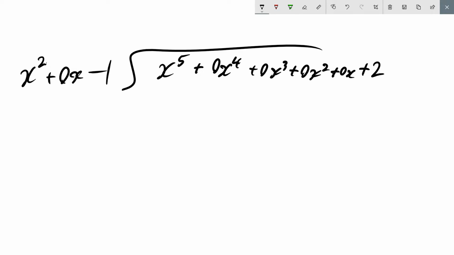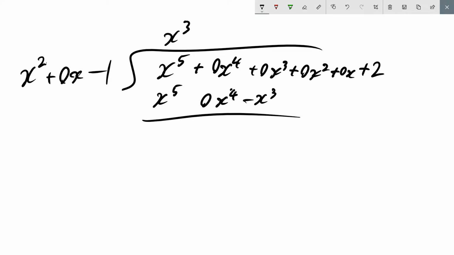So, what am I going to times by? I'm going to times by x to the 3, and we will just follow the same process. We'll cancel the first term. This will become 0x to the 4 and minus x to the 3.